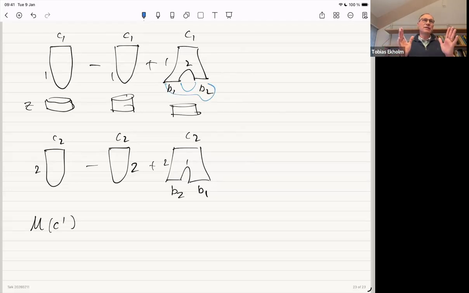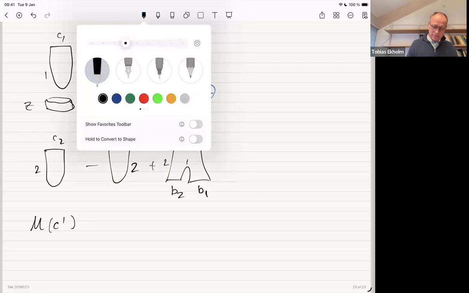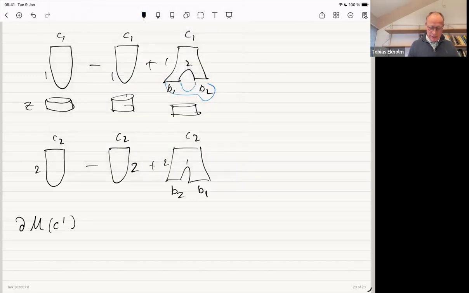But the point now is that the boundary of this moduli space must be 0 if we count it in the skein. This skein boundary is 0 because it's a one-dimensional manifold and its boundary is 0. So if we think about it, maybe we start here from the first one, we push down, we start intersecting and skeining and whatnot, but all this intersecting and skeining is not boundary. That's the whole point of skein-valued curve counting.